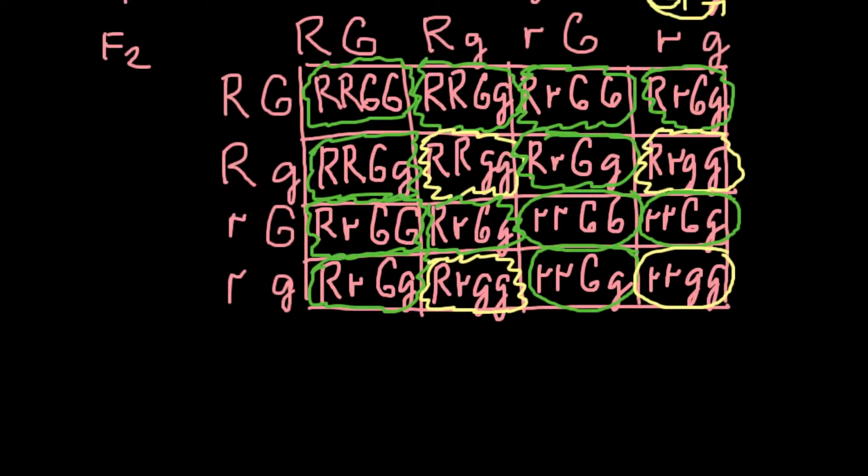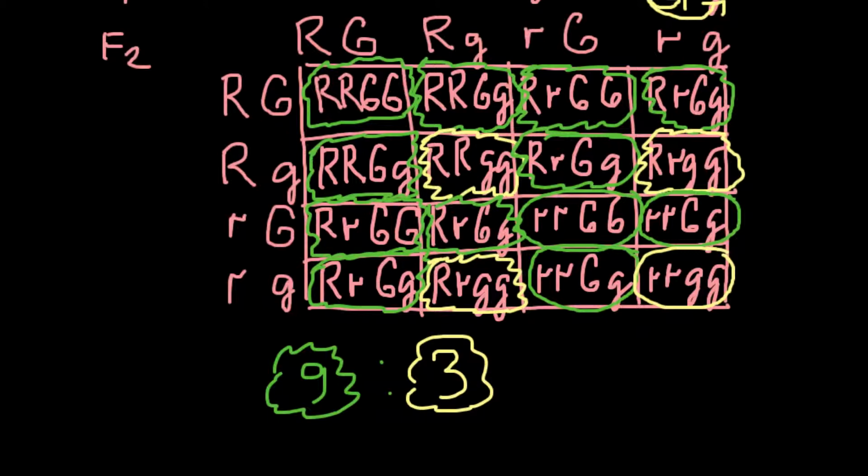So the first phenotype would be wrinkled and green. So we have 1, 2, 3, 4, 5, 6, 7, 8, and 9. So we have 9 that are wrinkled and green. The other phenotype would be wrinkled and yellow. We have 1, 2, and 3. So 3 wrinkled and yellow.